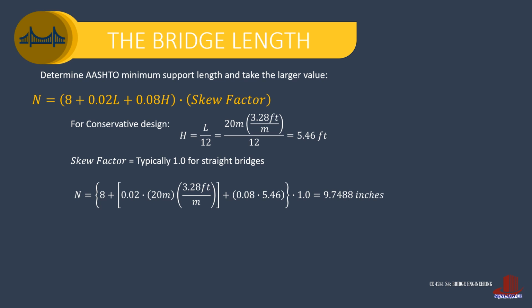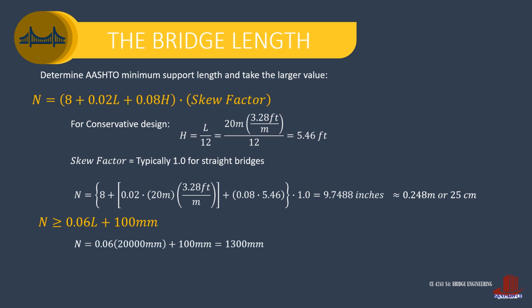This results to 9.7488 inches, which is converted into SI units as 0.248 meters, rounded to 25 cm. The second equation is 0.06 L plus 100 millimeters. N is then 0.06 of 20 meters plus 100 millimeters, which makes 1,300 millimeters.